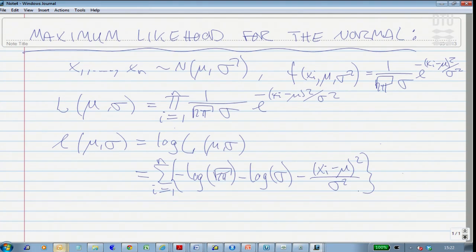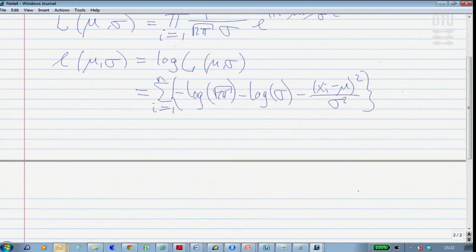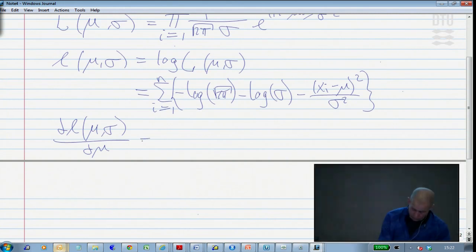How to find the maximum likelihood estimators of mu and sigma? Well, we would start to take the derivative of the log likelihood function with respect to mu as a first thing here. So we look at this one and look at where do we have mu. Here and here we don't even have mu at all, so they become 0 when we take the derivative with respect to mu.